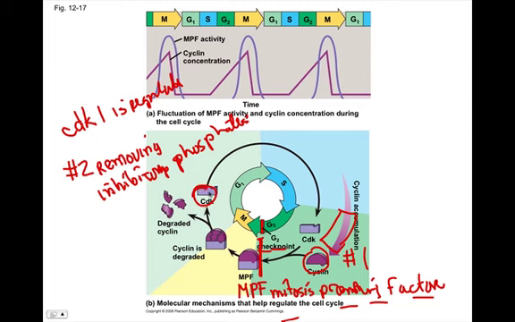So, how can CDK be present all the time and the cell's not in M phase? The answer is there's two basic reasons. One is it needs cyclin to be activated, and two, it has inhibitory phosphates on it.